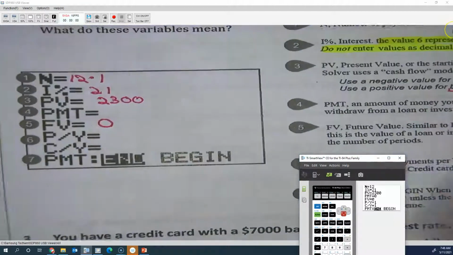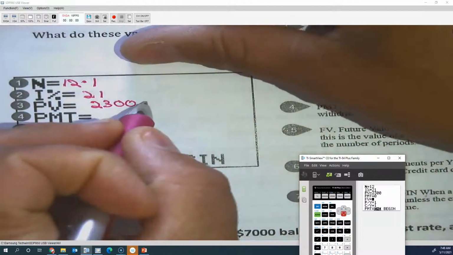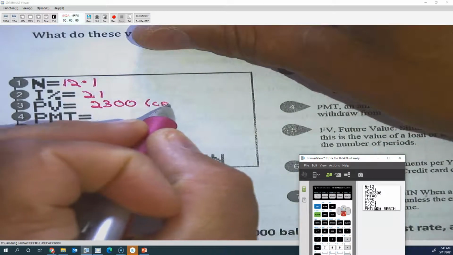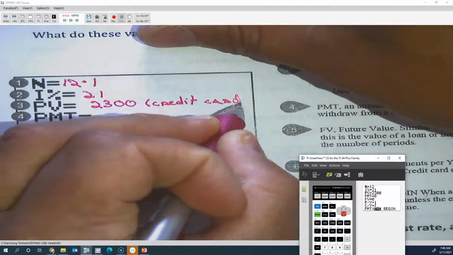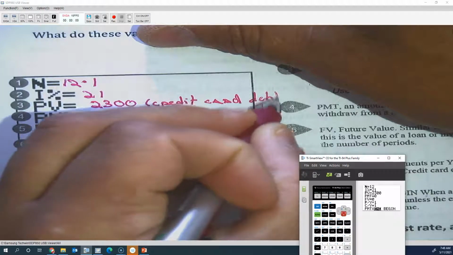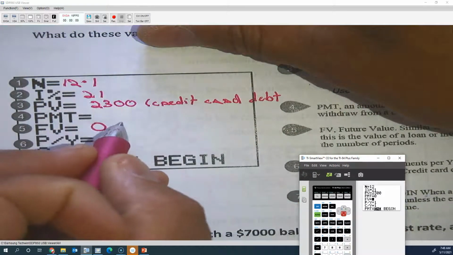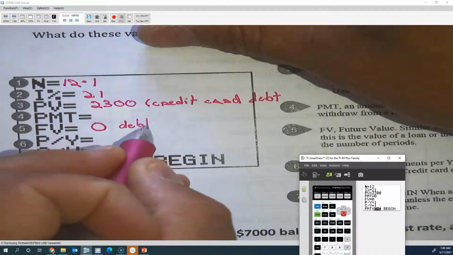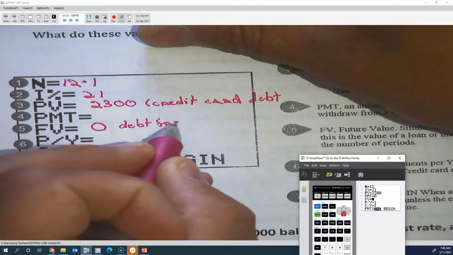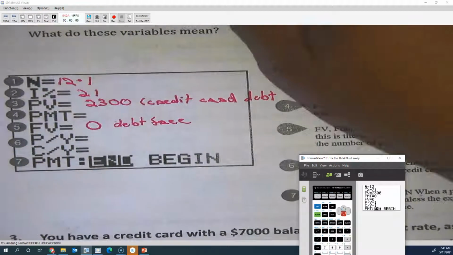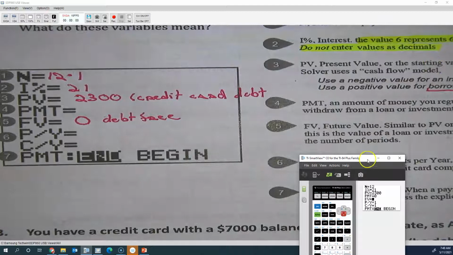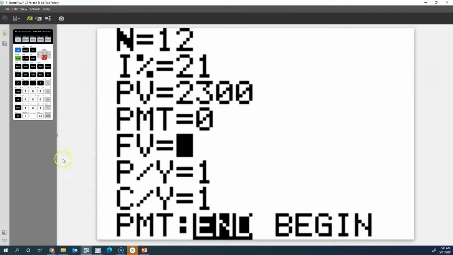This is our credit card debt right here, and we want the future value to be debt-free. Now that's got a 0 in it. All right, now hit enter.